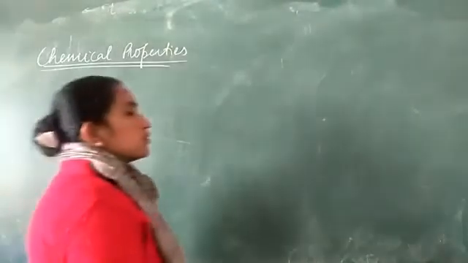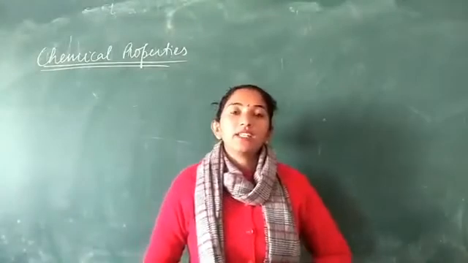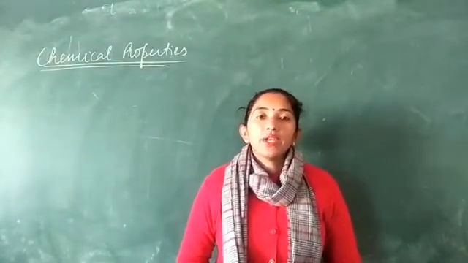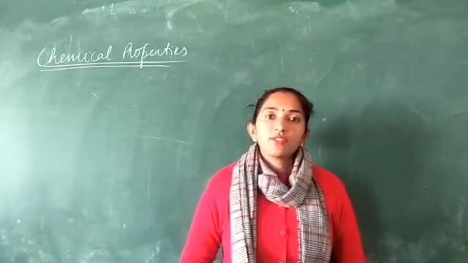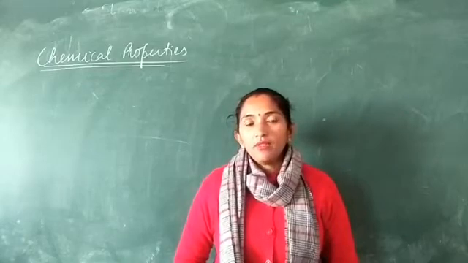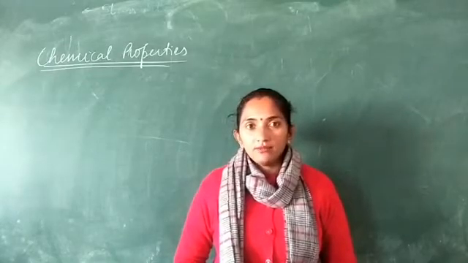Good morning, students. Today we will continue our topic, that is the chemical properties of alcohol and phenol. In our last class we have discussed the reactions which involve the cleavage of the O-H bond in alcohol and phenol.